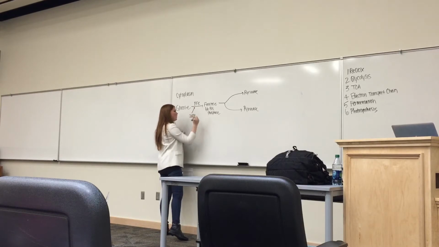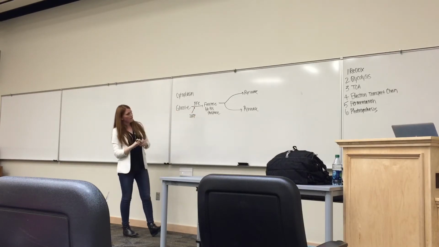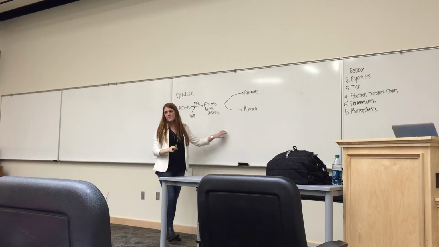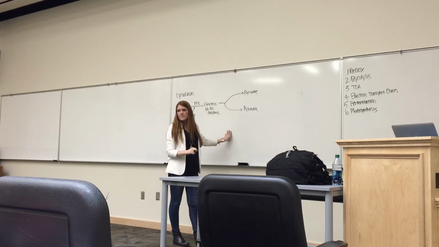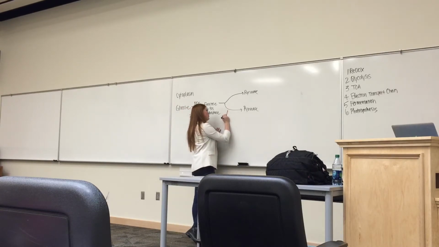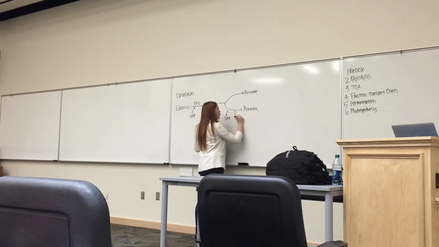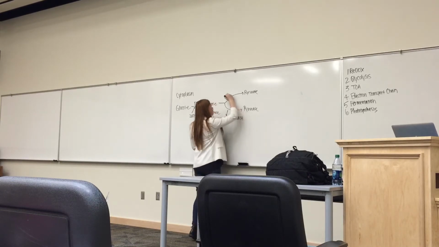And then in the energy production phase, when you make pyruvate, you have 4 ATP produced and 2 NADH. It's 1 per pyruvate, so it's 2 total.